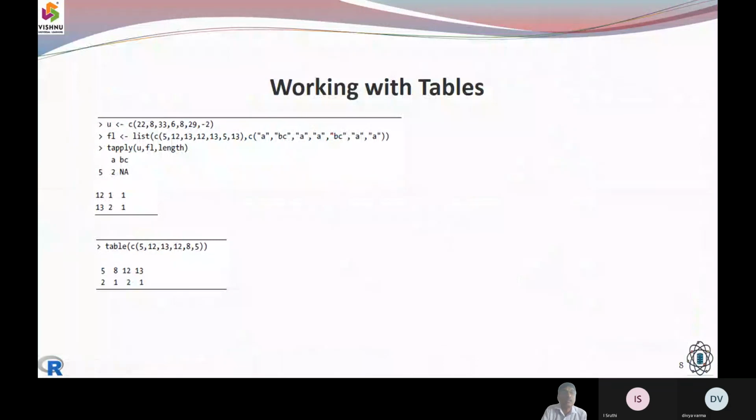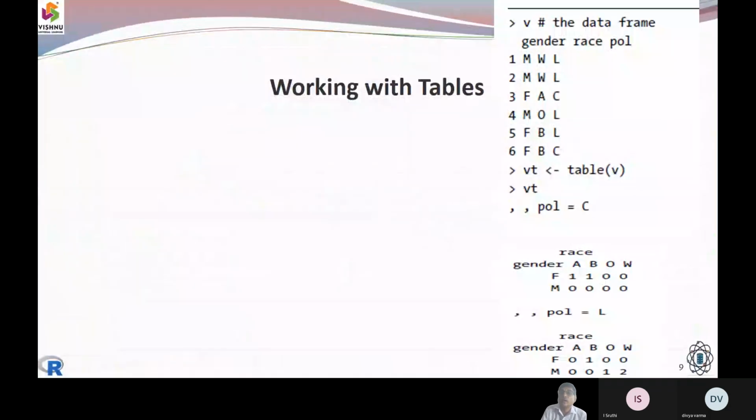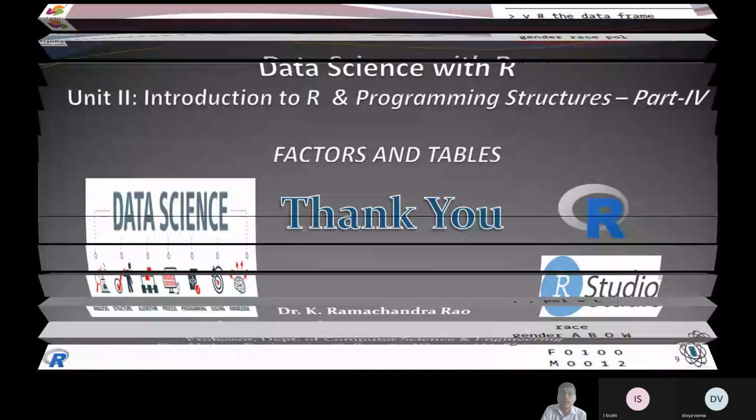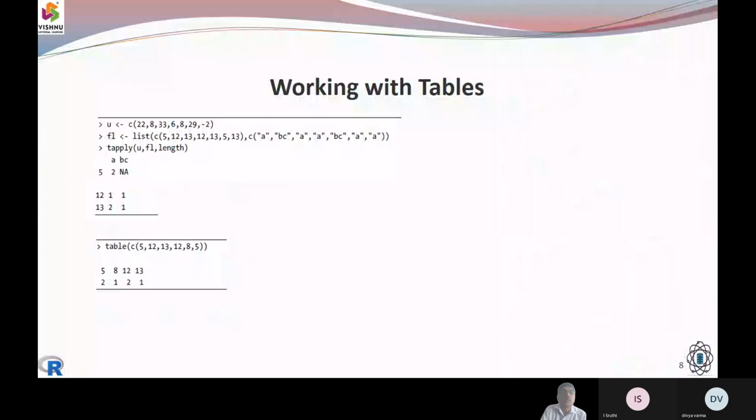So these are some of the prominent examples which use the tabular format. So this is an example here you can see. U is going to be a vector with 22, 8, 33, 6, 8, 29 and -2.